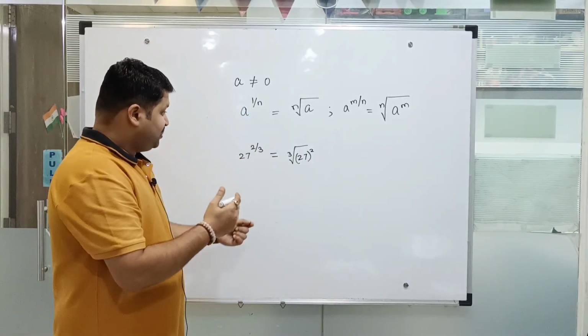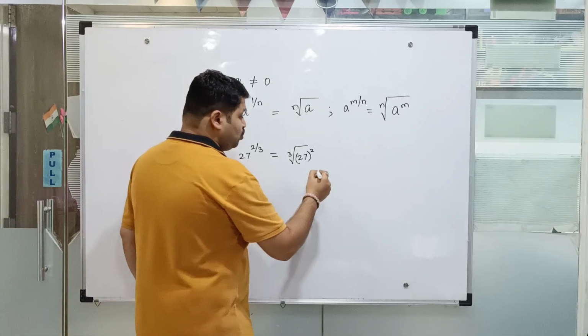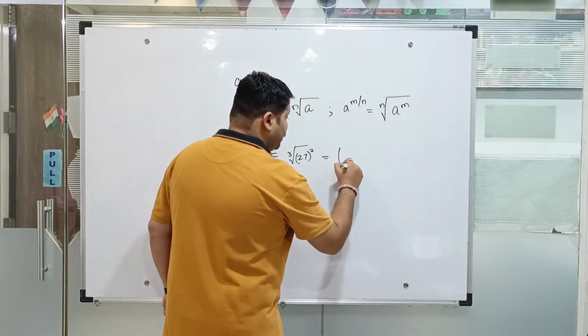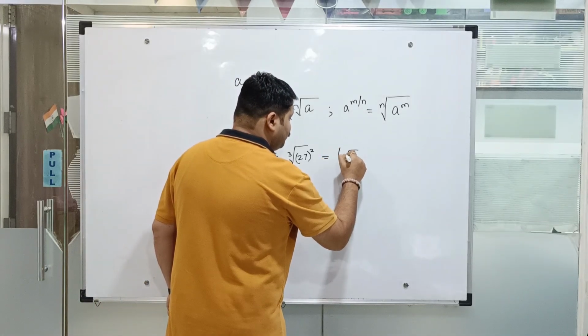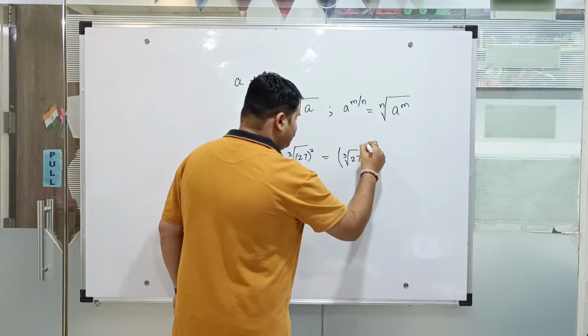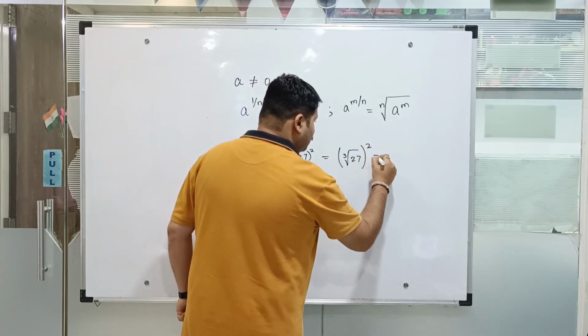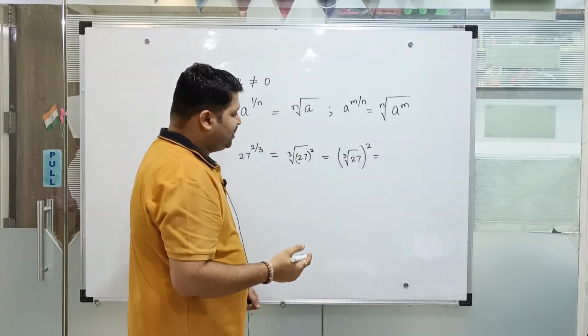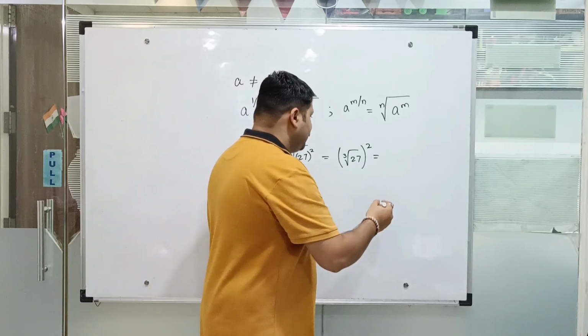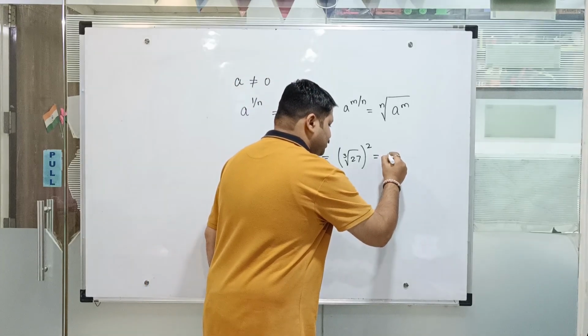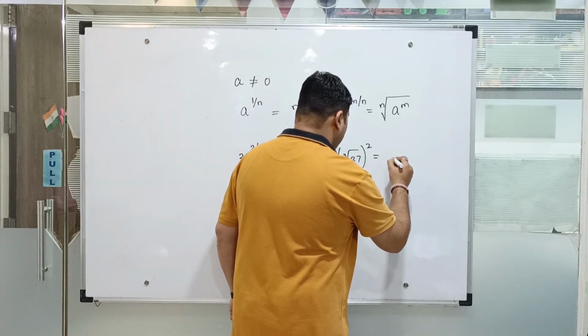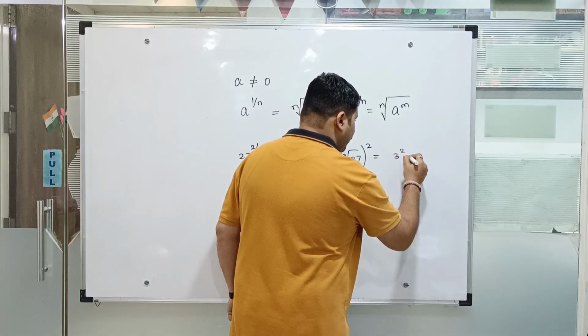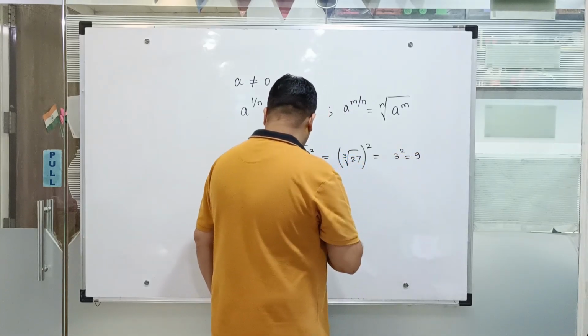Now we can write it this way, or we can also write it as the cube root of 27, to the power of 2. In this case, the answer that I would get is 3 square, so that would be equal to 9.